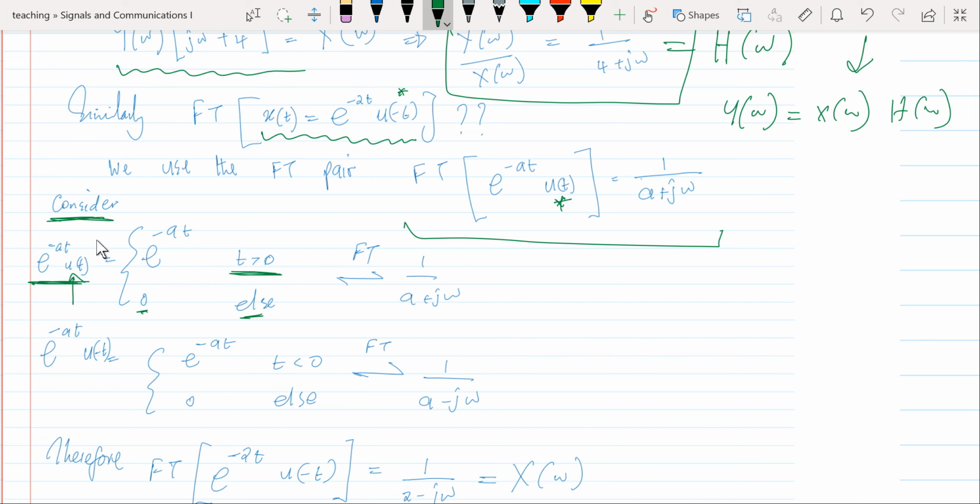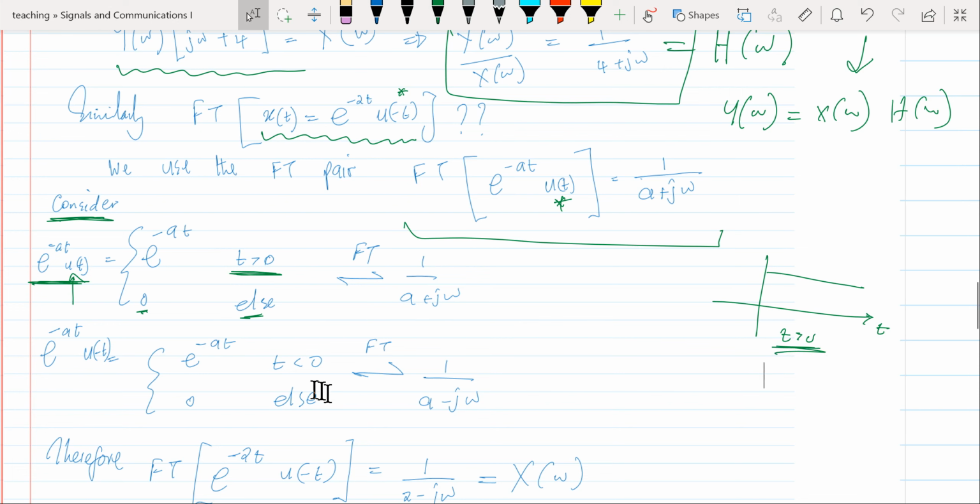That is purely the meaning of u of t. If you remember, u of t simply becomes 1 for anything t bigger than 0. So if it is multiplied to a function, our function will have a value only when t is bigger than 0.